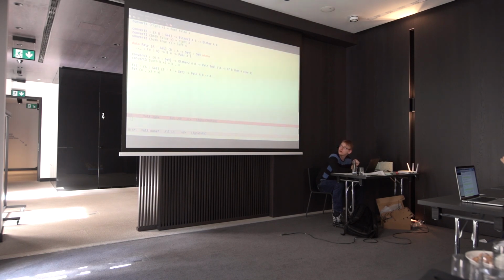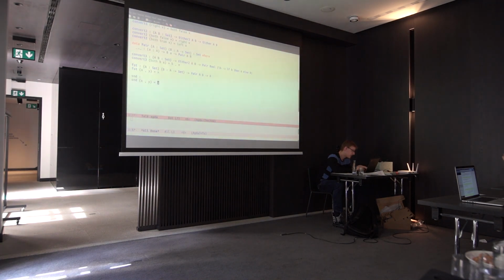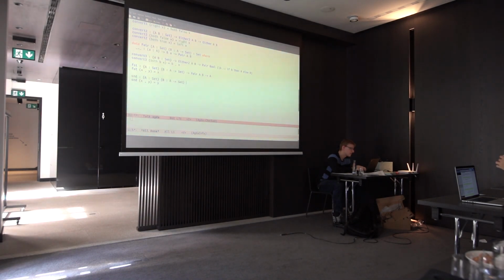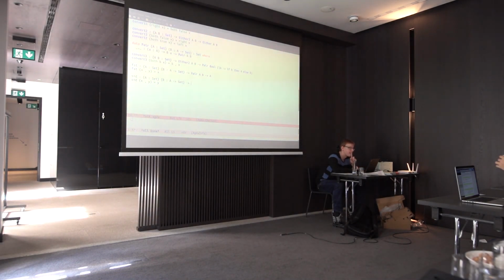Okay. What about second? Well, implementing second is easy, but what will be its type? Well, surely it will take a pair AB. B? Well, you cannot put a B because B is not a set.